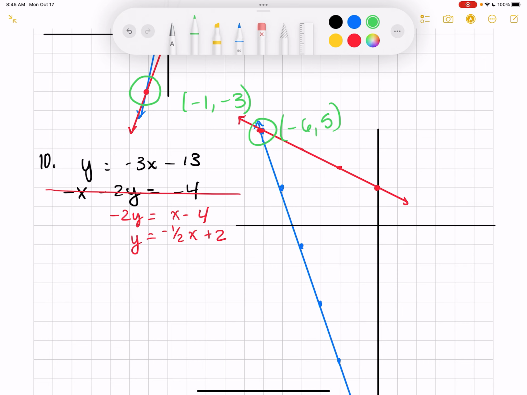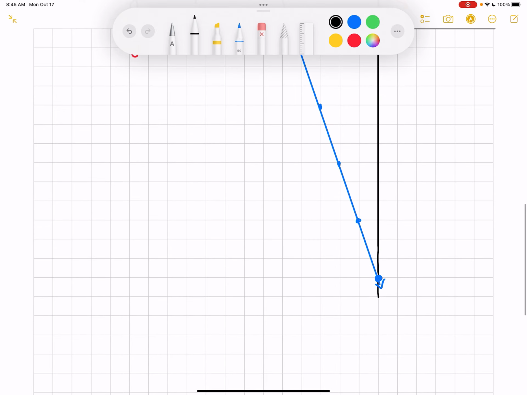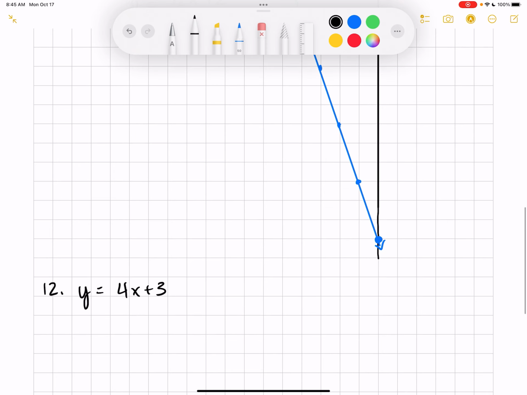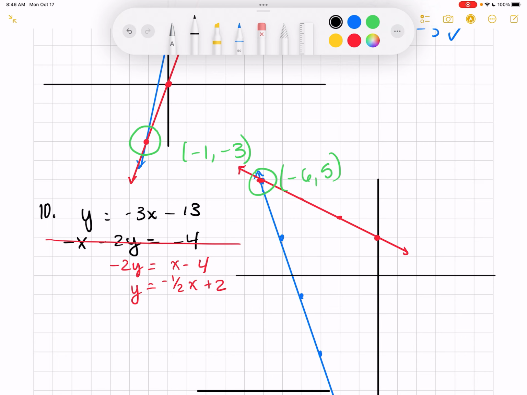Let's see, number 12. y equals 4x plus 3 and 20x minus 5y equals negative 15. Oh, negative 6, 5, and you could plug it in to check it.